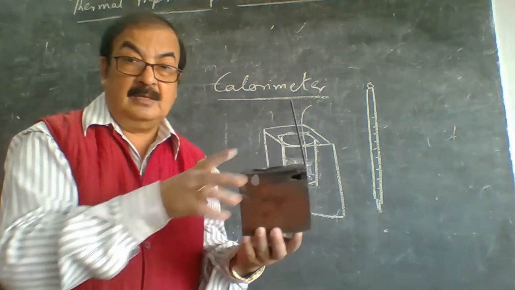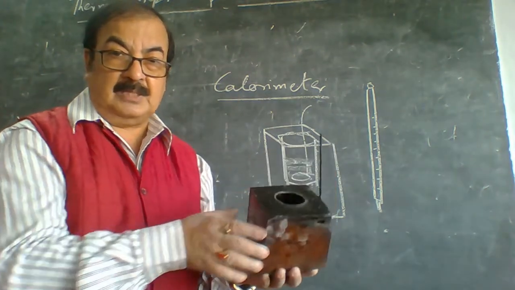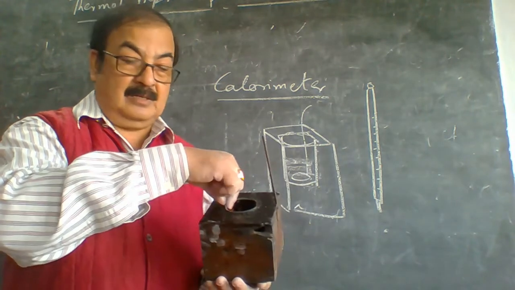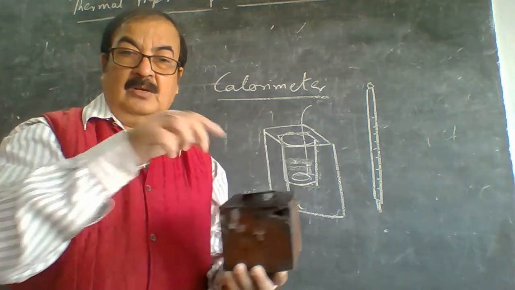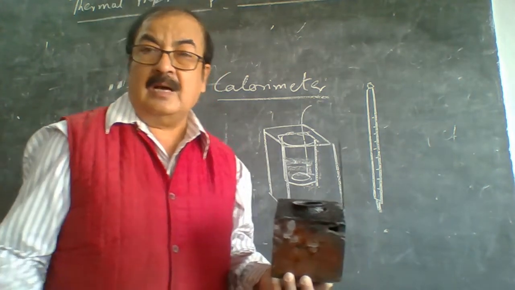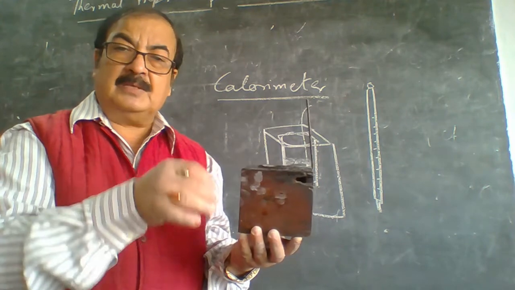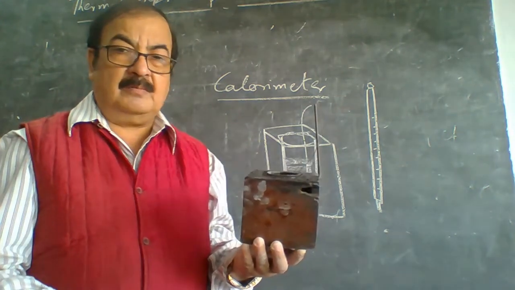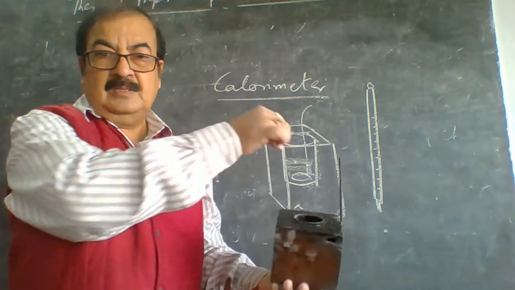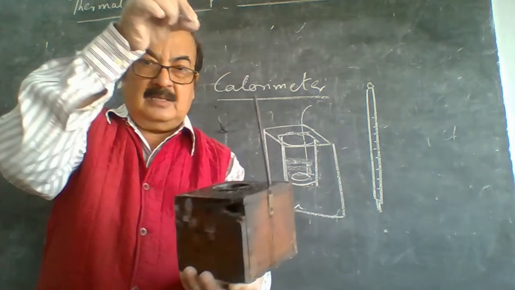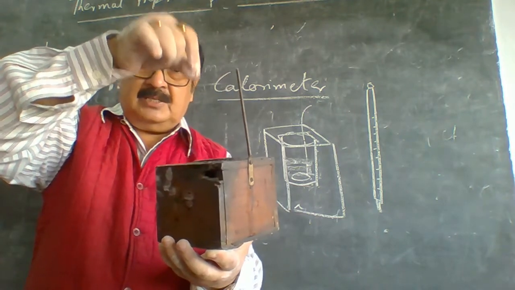This is a calorimeter, as you can observe, and this is totally a wooden object, and this is the utensil in which oil or some other liquid is placed, and we always keep a hot object, hot oil or water in it, and this is the stirrer by which we can keep the uniform change in the temperature.